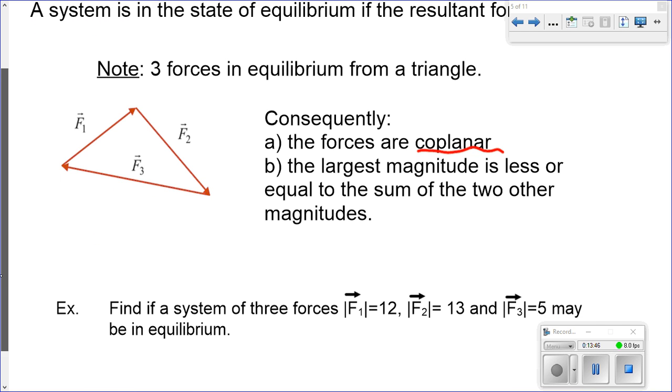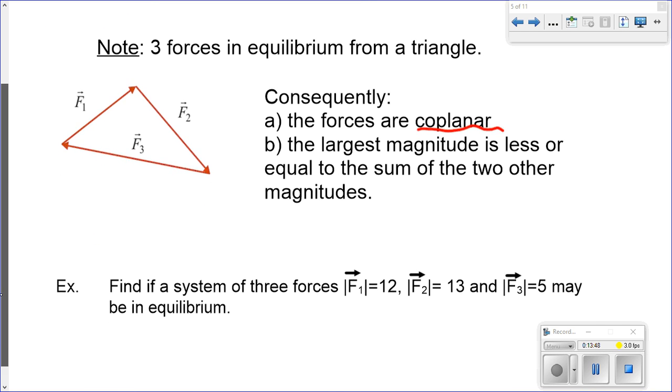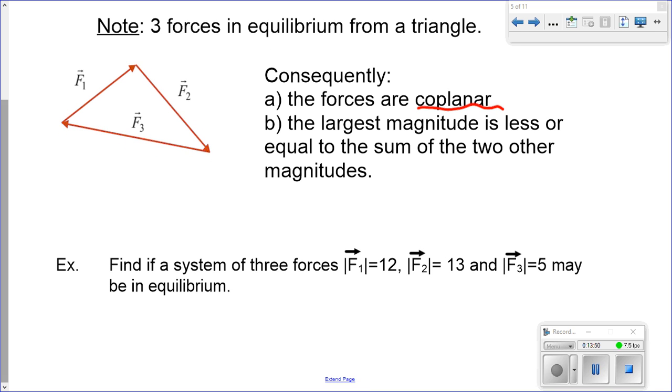Now the other concept here, and we use this in homework, I'm going to use it down here for this example, is that the largest magnitude is less than the sum of the other two magnitudes. That allows us to set up sort of a linearly dependent, or linear combination situation. So in this case, find if a system of three forces, 12, 13, and 5, can be in equilibrium.